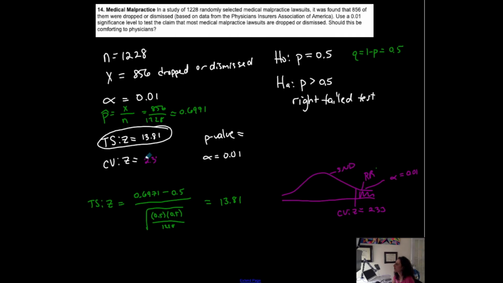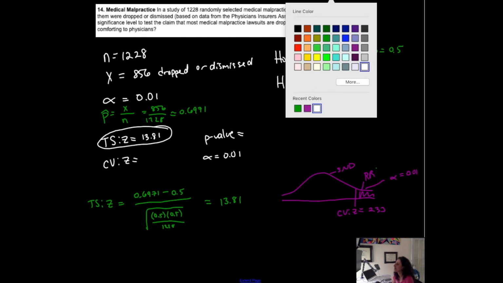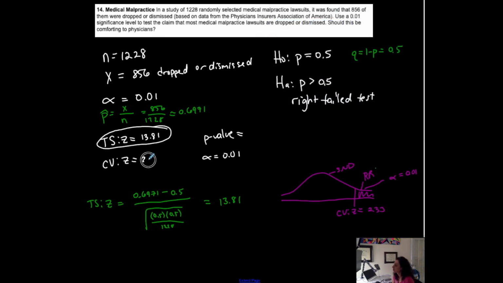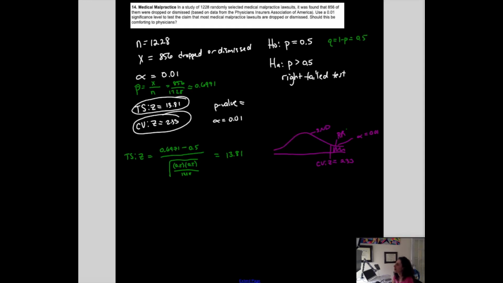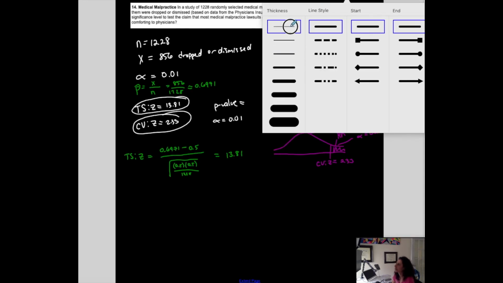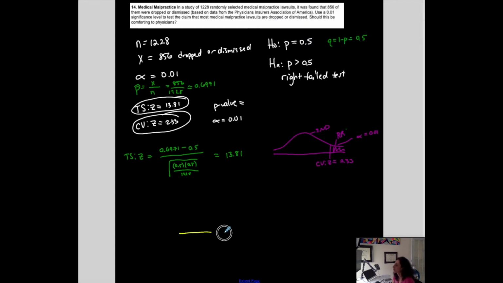So I have my critical value, 2.33, and my test statistic. Let's find my p-value, see if you remember how to do that. Also not very difficult. Same kind of thing from chapter 6. So a p-value is an area, right? And we said that the area to find the p-value is the area in the same tail as the rejection region.